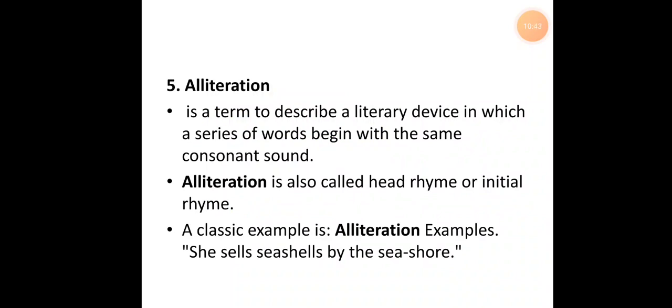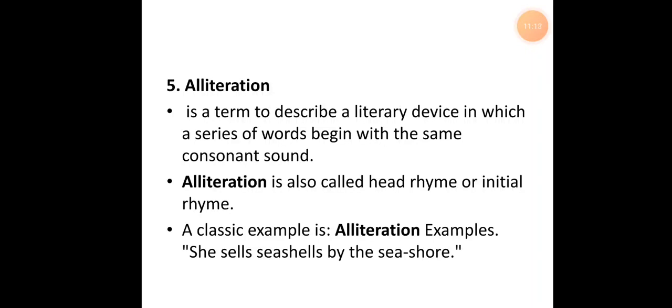It is a term to describe a literary device in which a series of words begin with the same consonant sound. So when in a line of the poem you have a number of words starting with the same consonant sound, we call this alliteration. Alliteration is also called head rhyme or initial rhyme.